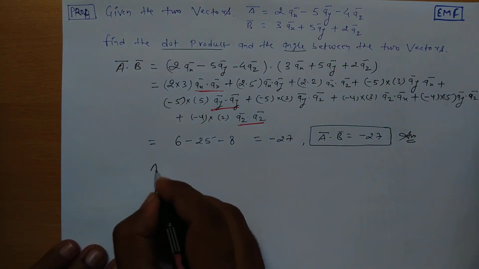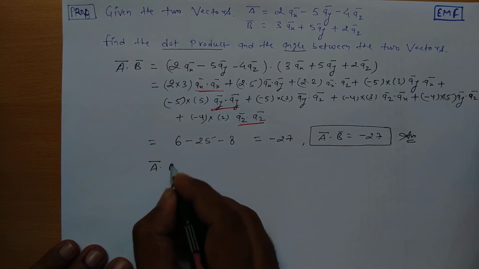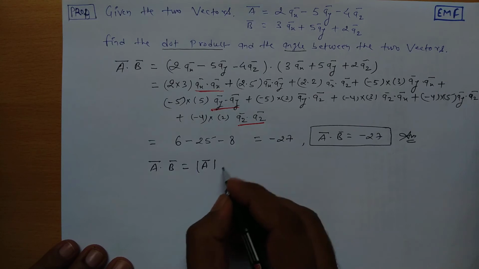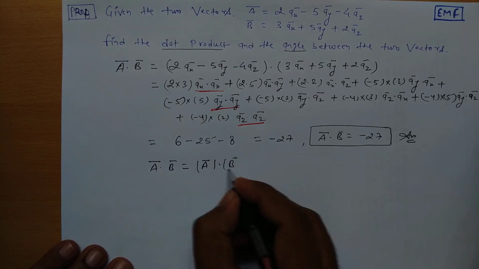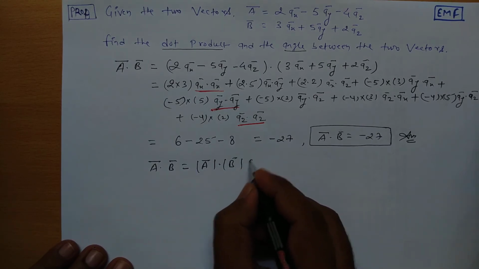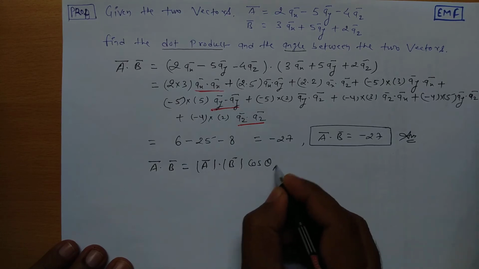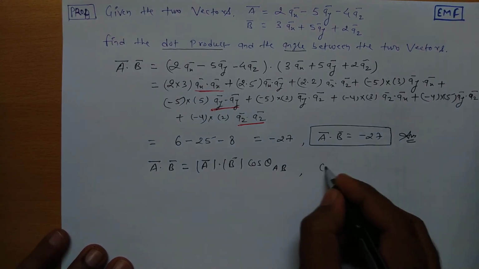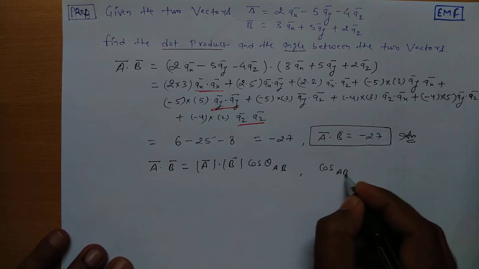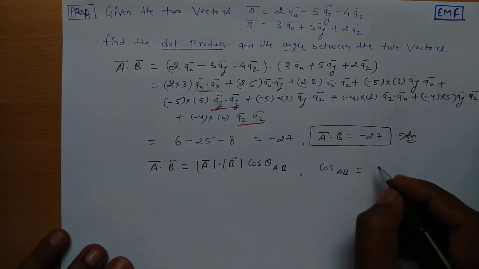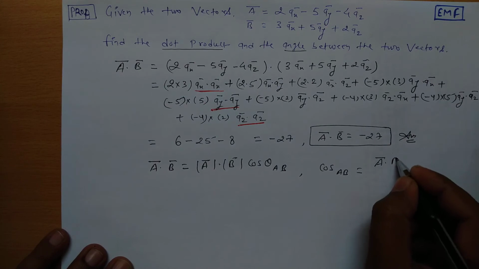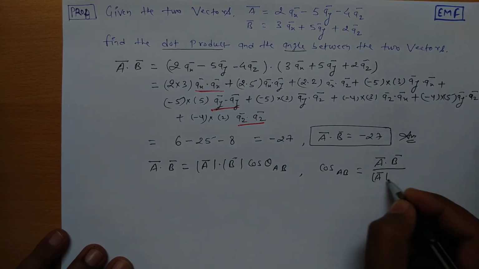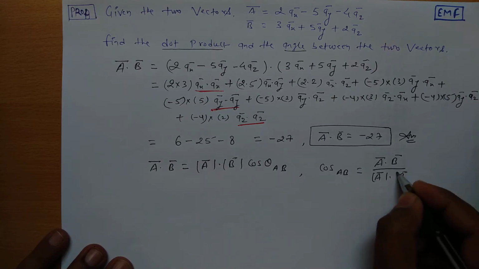As per the dot product standard format, A dot B is equal to mod of A dot mod of B times cos of theta, where theta is the angle between A and B. So cos of theta between A and B will be the dot product of vector A with vector B divided by mod of A times mod of B.